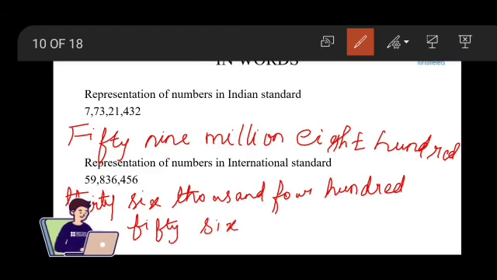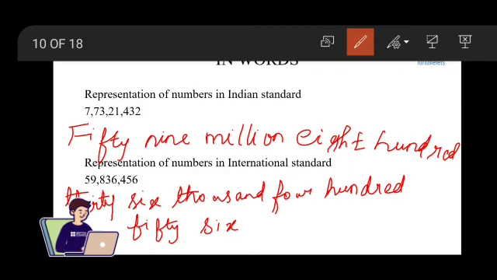Due to space constraints, I have written it like this, students. Don't get confused. We have learned about the Indian standard place value system, the international standard place value system, and also got to know the difference between Indian standard and international standard representation of numbers. You got to know how to represent the numbers in words.